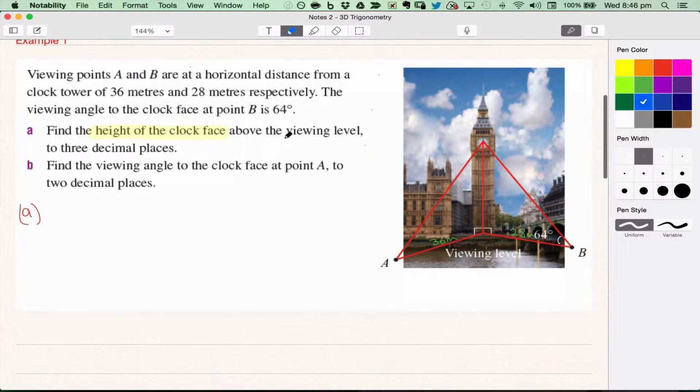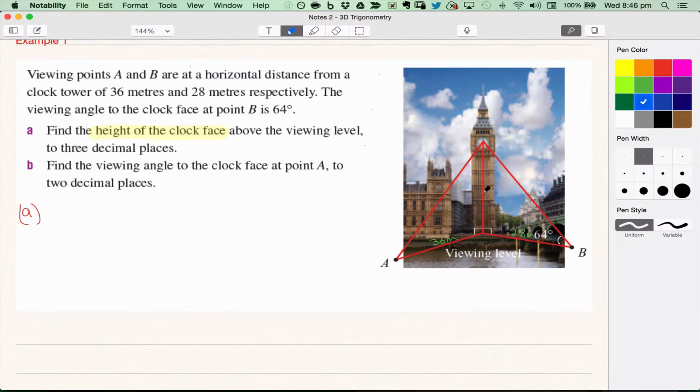Height of the clock face above viewing level. We're trying to find this height here. And we've got an angle on this side, so I'm going to use this triangle on this side here. You can see the right angles are drawn in there for us already, but we would know that it would be a right angle between a straight up and a straight along the ground.